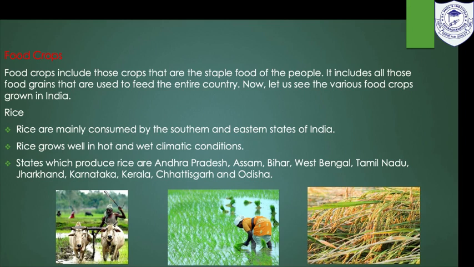Hot and wet, that means it needs a hot climate as well as water, that is wet, right? And the states which produce rice are Andhra Pradesh, Assam, Bihar, West Bengal, Tamil Nadu, Jharkhand, Karnataka, Kerala, Chhattisgarh, and Odisha. These are the states which produce rice in India.